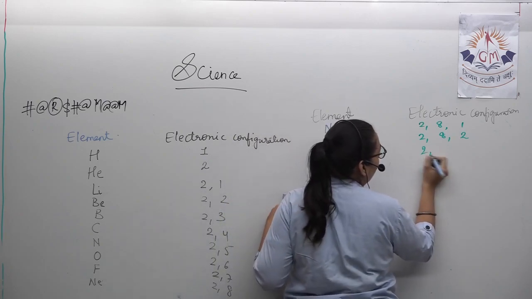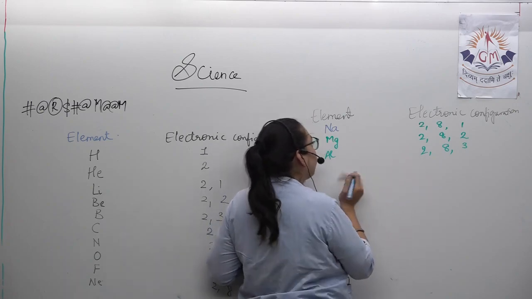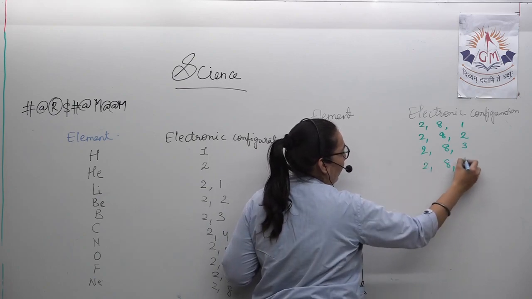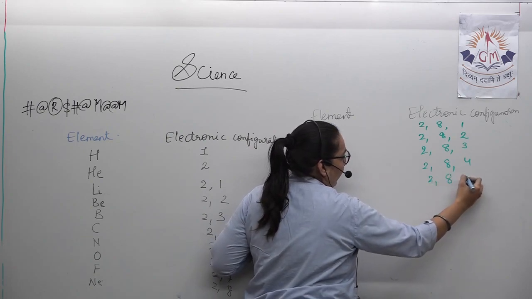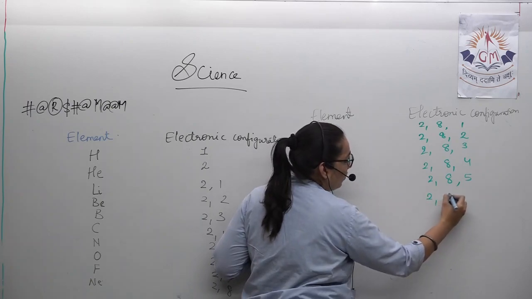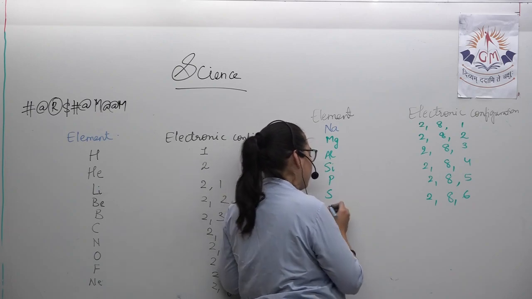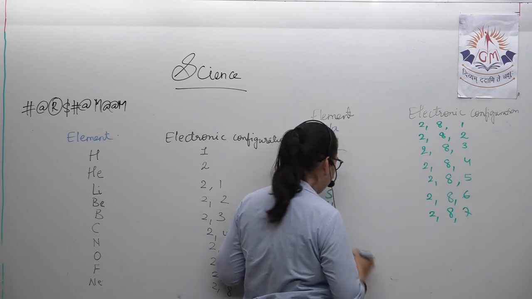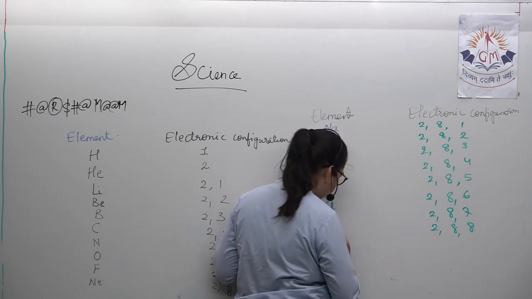Aluminium, 2 8 3. Silicon, 2 8 4. Phosphorus, 2 8 5. Sulfur, 2 8 6. Chlorine, 2 8 7. Argon, 2 8 8.